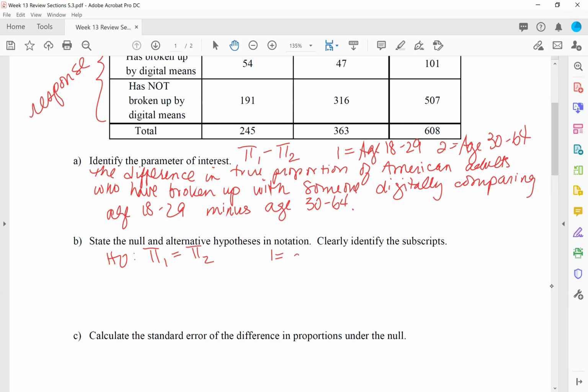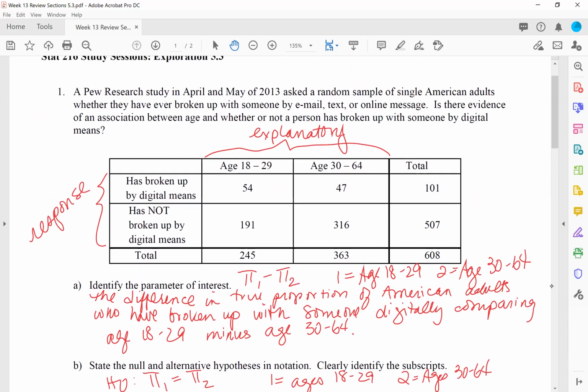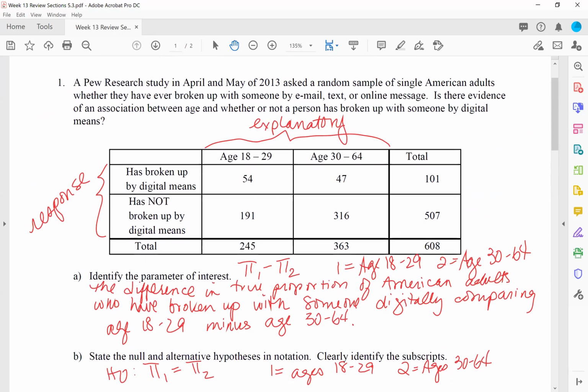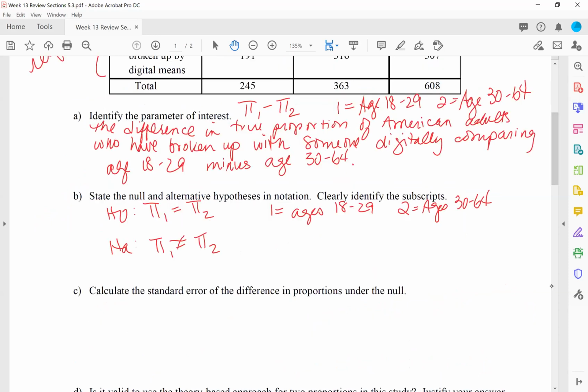So 1 is ages 18 to 29, and 2 is ages 30 to 64. What relationship are we testing between the two variables or two groups with our research question? If there's any association. So what is that indicating about our direction of our alternative? It's two-sided. Right, so we're going to look at not equal.